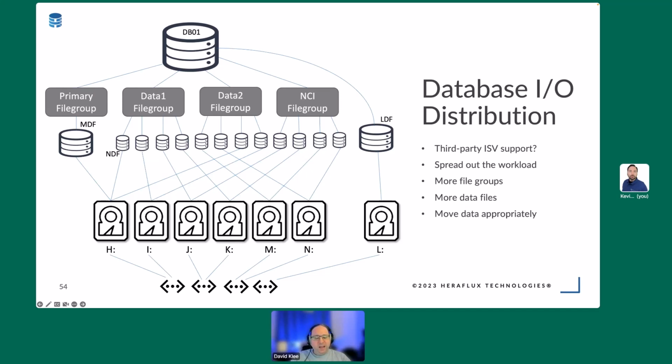You can go further if you need to. If you have a really big database and you want to spread it around, and it's a third-party vendor database, you've got to tread carefully here. A lot of times they won't let us do this directly, but in that case, add more data files to the primary file group and spread it around. If you have control over this, think heavily: more file groups, more data files.